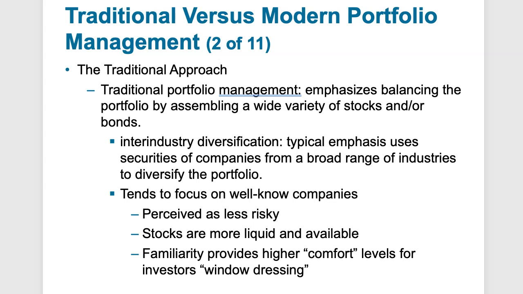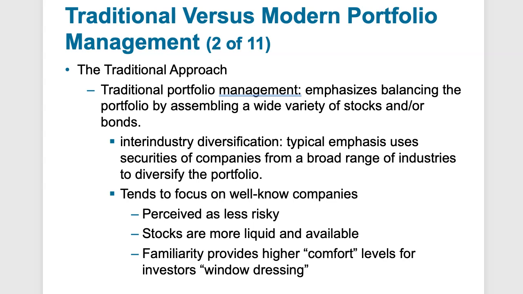So here in the traditional approach, we're going to look at creating a balanced portfolio by assembling a wide variety of stocks or bonds. We're going to look to create diversification by buying stocks of different industries. So we don't want to create a portfolio of all stocks in the semiconductor industry, because that would not be a very balanced portfolio.